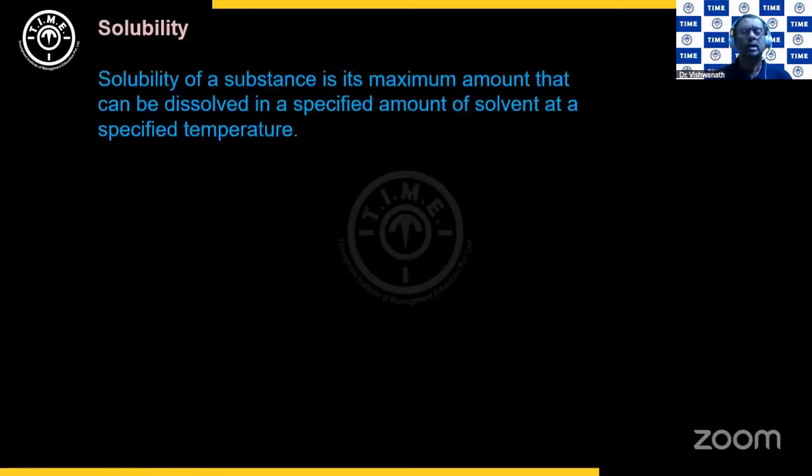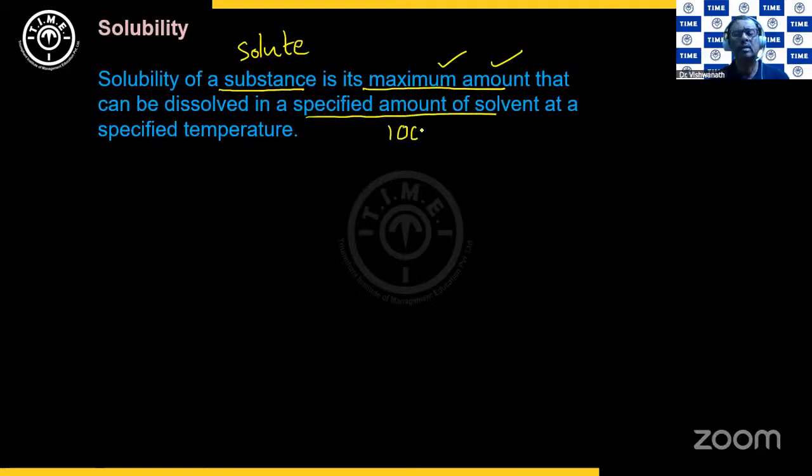Now, before we move on to Henry's law, there is something that we need to learn first. What is solubility? Solubility is the maximum amount of a substance, which you can call a solute, that can be dissolved in a specified amount of solvent. Specified amount means, let us say, 100 ml of the solvent, at a given temperature.